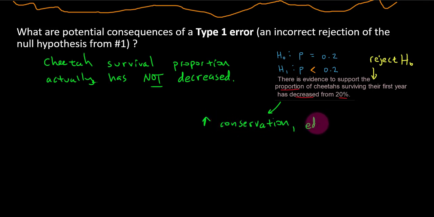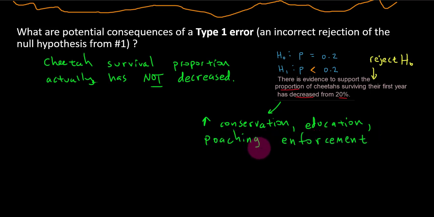Maybe you ramped up educational programs to educate the public about cheetah life histories. Perhaps poaching was an issue, and now you're going to spend money to enforce anti-poaching. And guess how all of that probably has to get funded? This probably is going to need to be funded with, I don't know, maybe increased taxes.